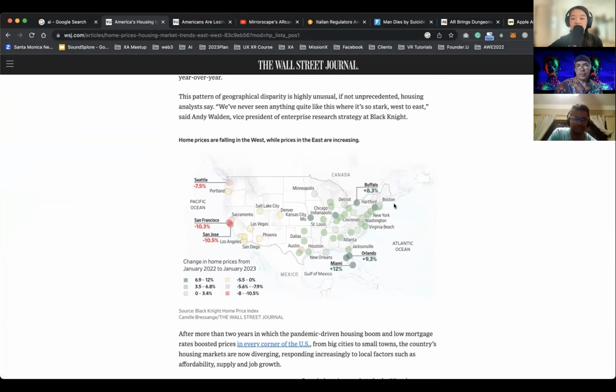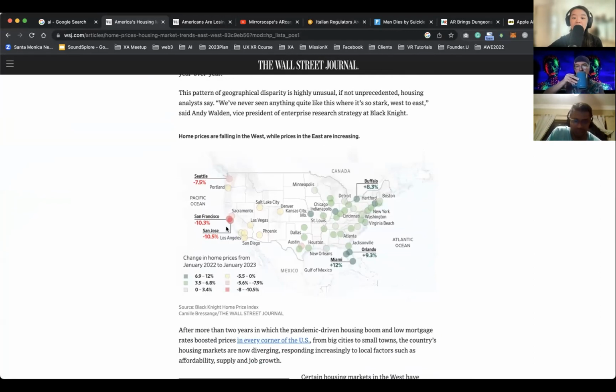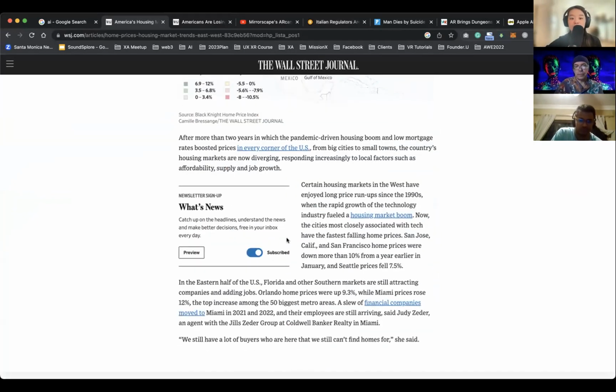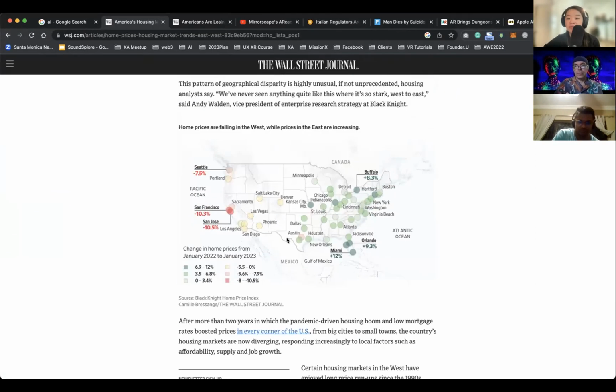It's interesting that before, the West, like San Francisco, Los Angeles, and Seattle, always had really high house prices. But now it seems like everybody is running over to the East. Why? According to the article, probably because of the tech recession. So everybody starts going to the East.